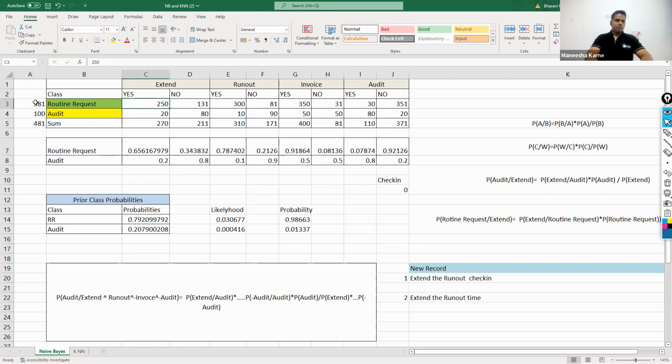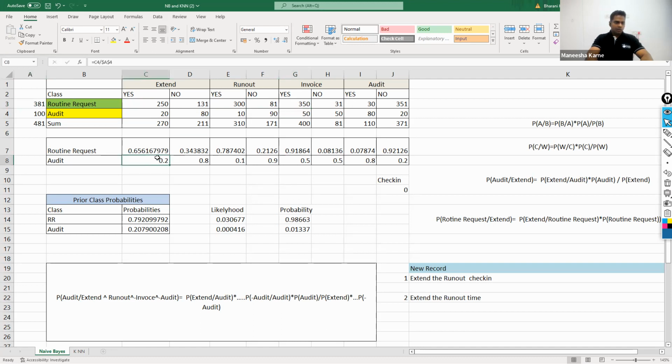So 250 divided by 381 will give you the probability pertaining to routine request. Then here you say D3 divided by 381. You do that throughout. 300 divided by 381, 81 divided by 381, 350 divided by 381.